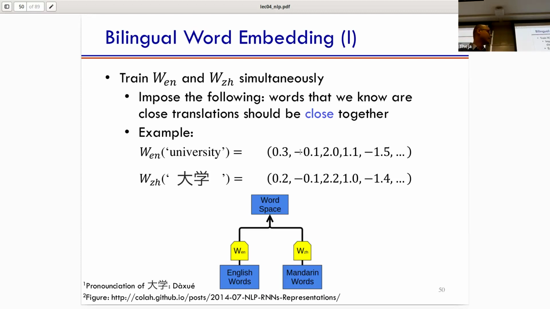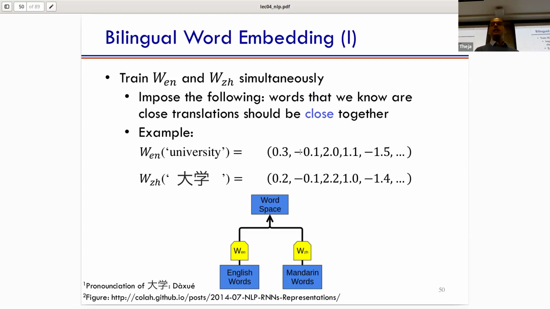Then you can impose that as a constraint while training the vector representations for this language as well as this language. So I'm just trying to poke around the idea that if you knew how to create the auxiliary task and train one vector representation, if you have another language, you can use those constraints to also train the other language's vector representation.